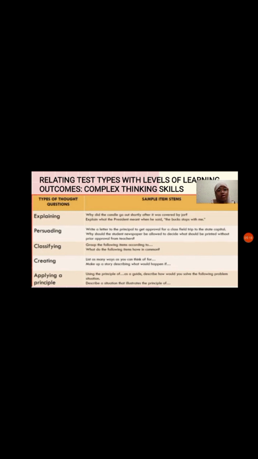Think of four. Make up a story describing what would happen if. And the last one is applying a principle. And the possible question is: using the principle of as a guide, describe how you would solve the following problem situation. Describe a situation that illustrates the principle. The principle of.